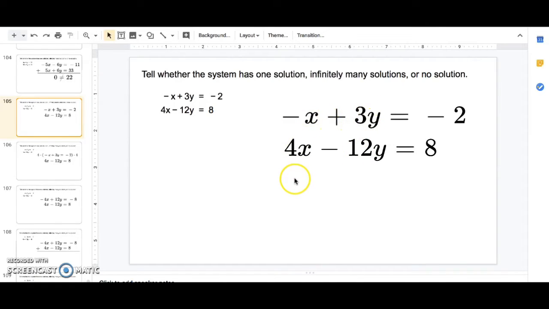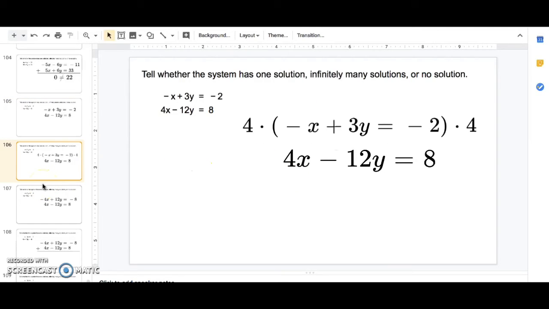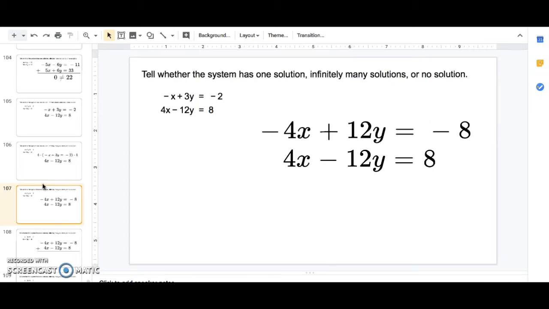So it will give us the same number and allow us to eliminate because there'll be different signs. So let's multiply the top number by 4. So we have 4 times every term in the equation, which 4 times -x is -4, 4 times 3 is 12, and then -2 times 4 is 8. So that'll give me -4x plus 12y equals -8.